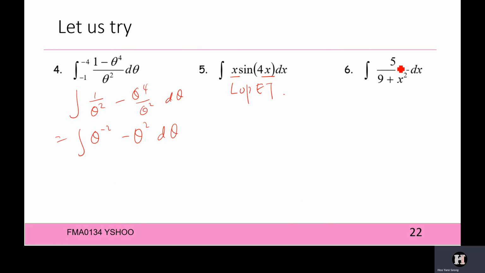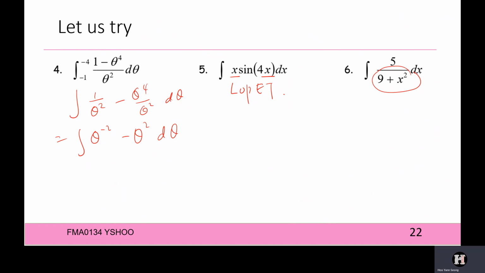This one, for your information, when you have a partial fraction, this one can always be written in the form you learned during your Maths 1. Partial fraction means that the denominator is either a linear factor, or an irreducible quadratic.